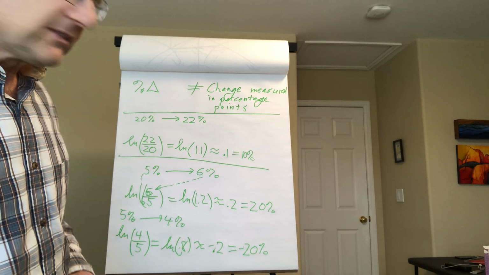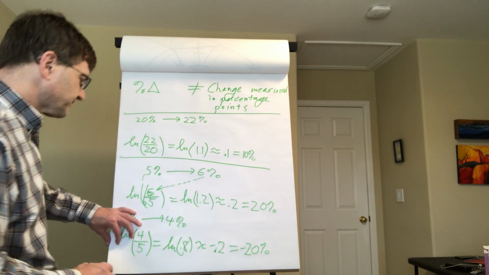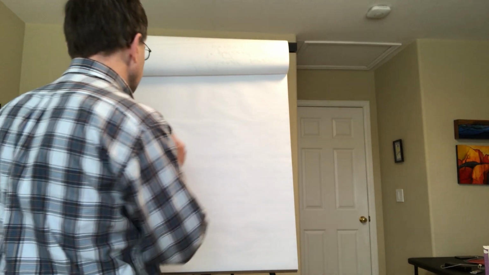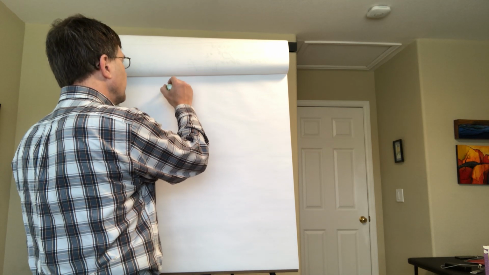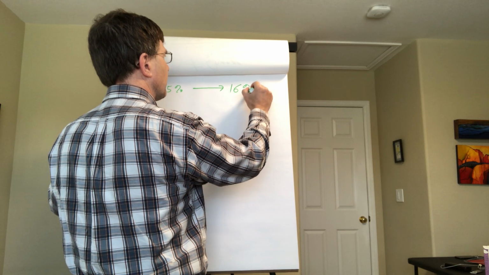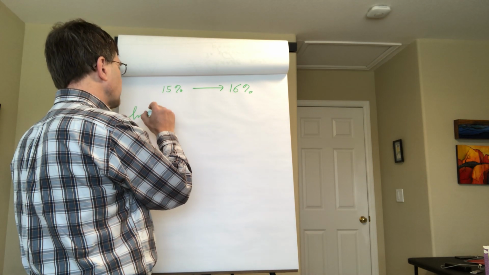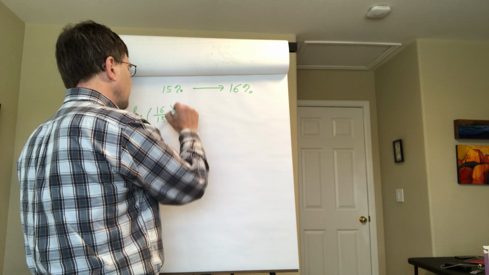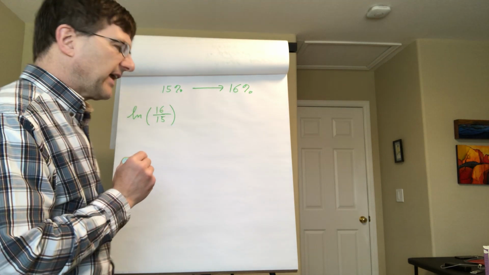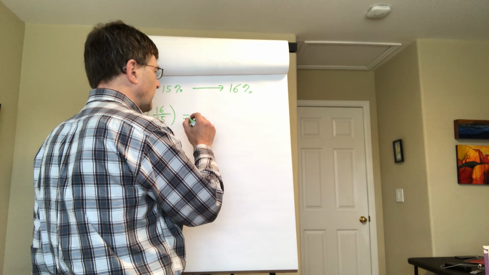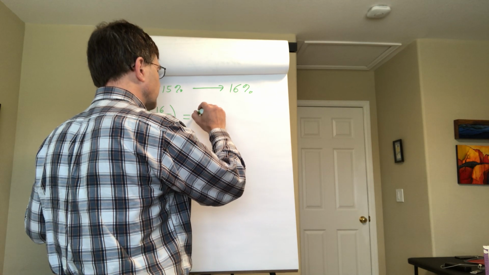All right, let's do several more examples. I'm going to do one that doesn't come out quite as even. Let's imagine we go from 15% to 16%. Then we have to look at the natural logarithm, log of 16/15. You could get this with your calculator, but a 15th is like 0.0666666.